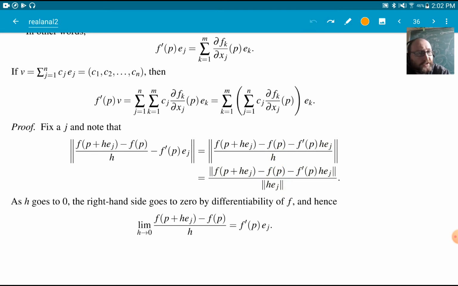So that's good. That means that the limit of this in Rm, this is a quantity in Rm if you remember, the limit of that is what we just computed using the definition. So okay.